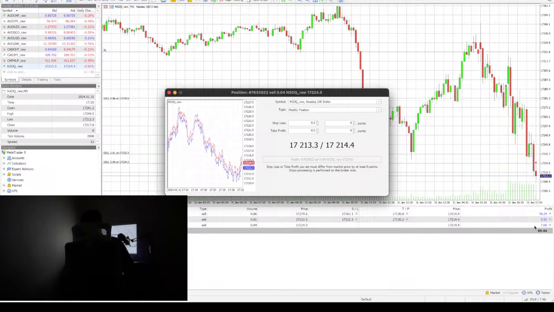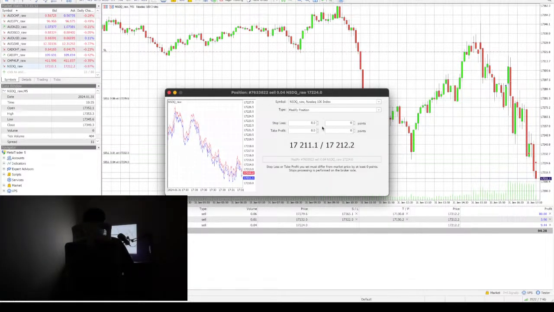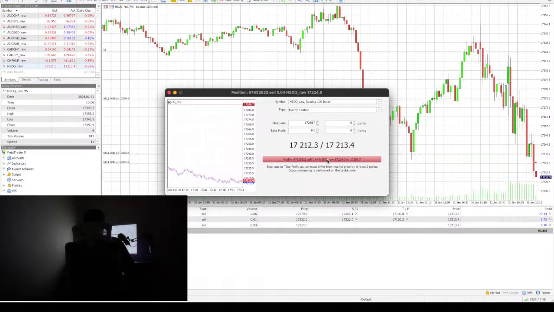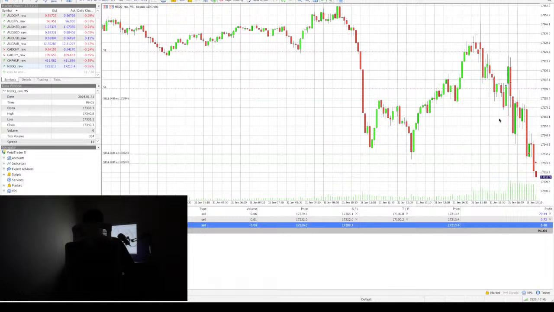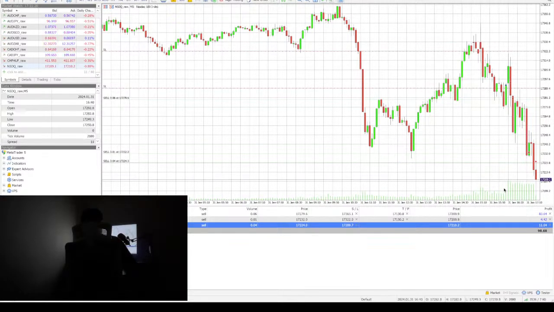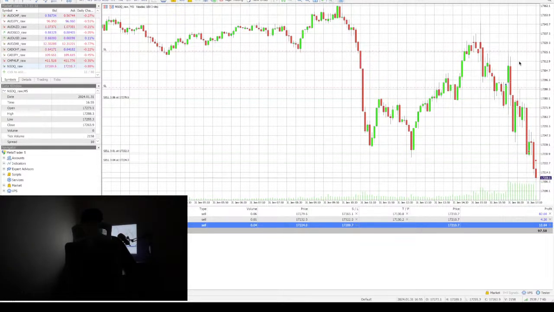So for this one, I'll be placing the stop loss here only, 17289. It will be a $52 loss in this one. Okay, for this I'll shift it here, it's okay.